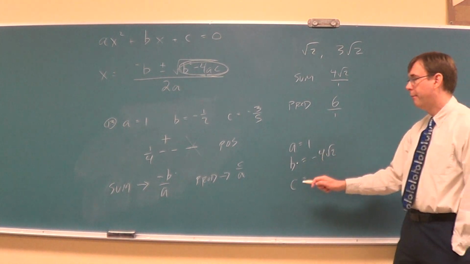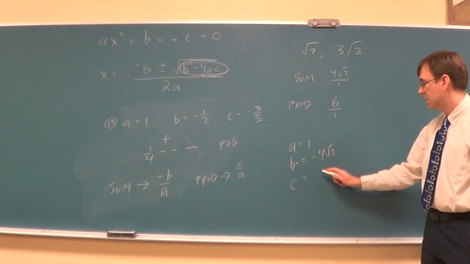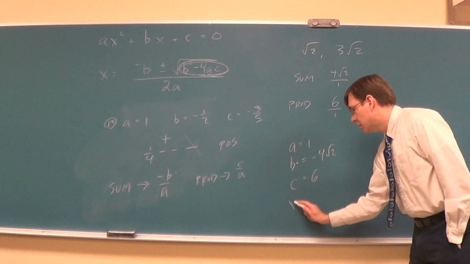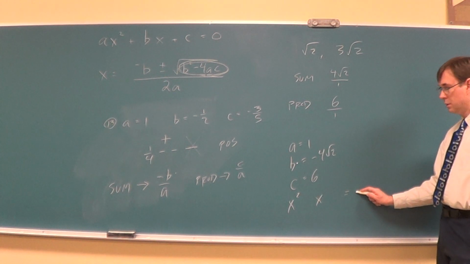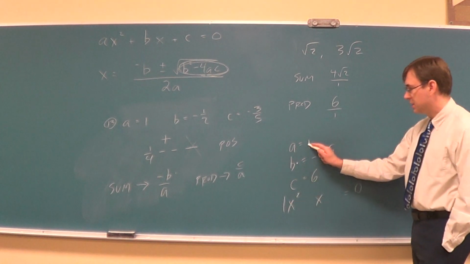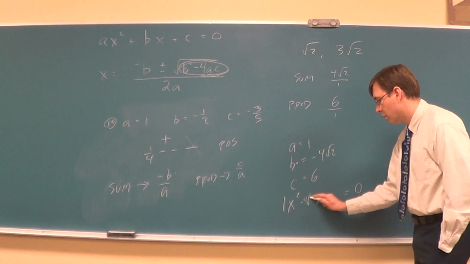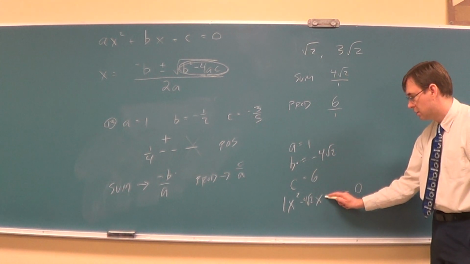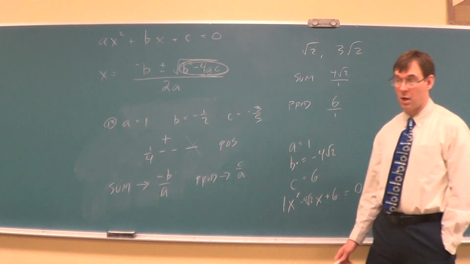C comes from the top of the product, which is 6. So then we write an equation. Our equation has to equal 0. Next to the x squared, 1, because this says so. Next to the x, negative 4 root 2, because that says so. Plus 6, because that says so. And on we go.